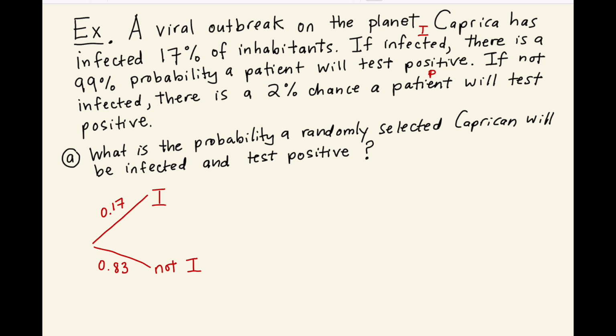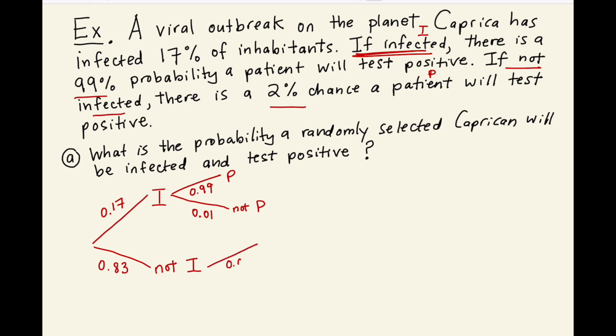Second, I'm told that if they are infected, there's a 99% chance they will test positive, and that means that there's a 1% chance they will not test positive. I'm also told that of the people who are not infected, 2% will test positive.